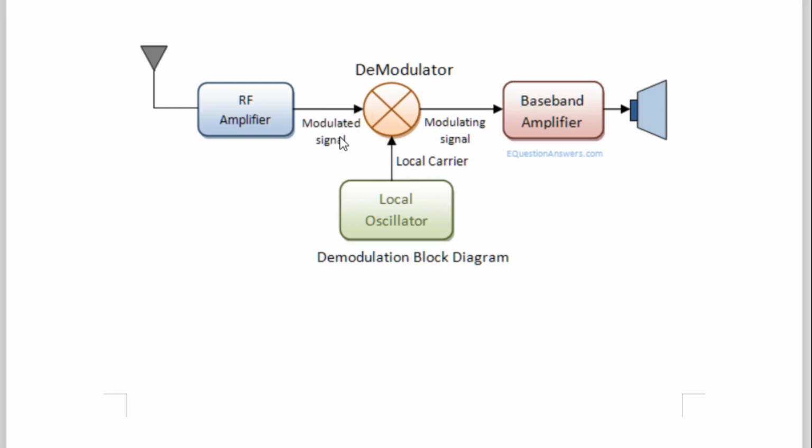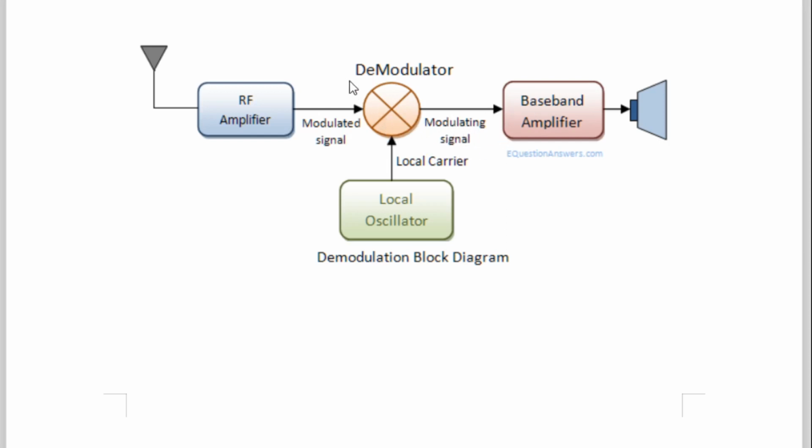And demodulation means collecting back our information signal, because what we did in modulation was carry our low frequency information signal with the help of a high frequency signal. Therefore, when we take this high frequency signal, we have to separate the high frequency signal from our low frequency signal, and take only the low frequency signal, which is our information signal, called the modulating signal.